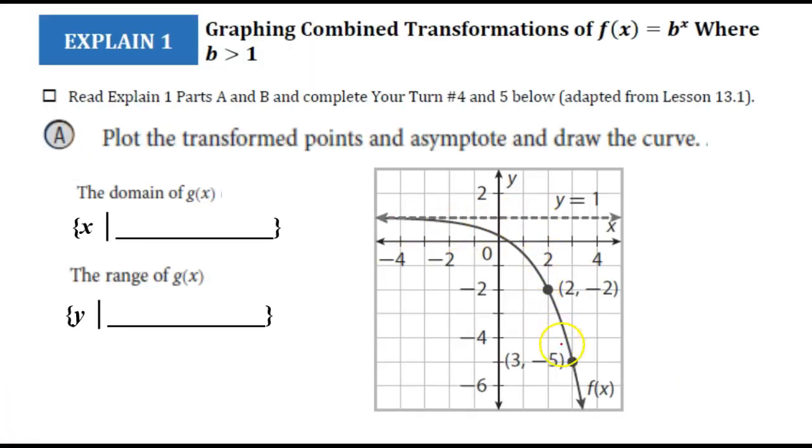So as you can see here, it's actually already graphed for us on this slide, and actually I pulled this from our textbook because they did graph this for us. So there's 2, -2, as well as 3, -5, and our isotope. Remember an isotope? Because I know this was from a while back.